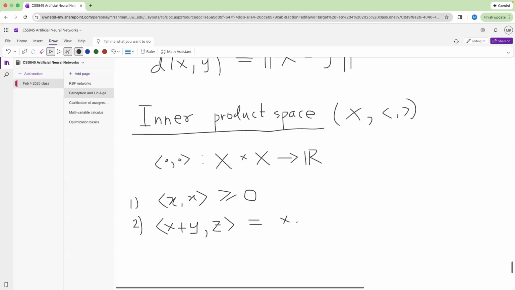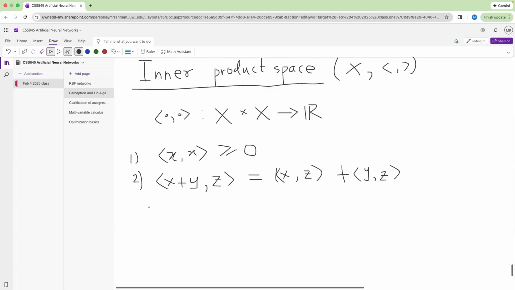So you get the inner product of x with z plus the inner product of y with z. And then for a real inner product space, so we are assuming that we only have real vector spaces, you can swap the first and second argument and get the same inner product.